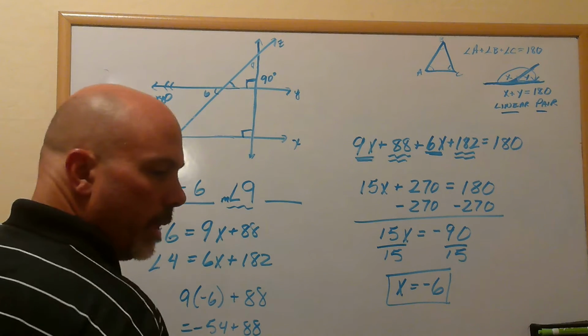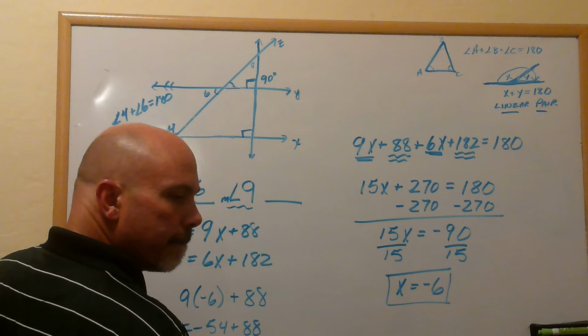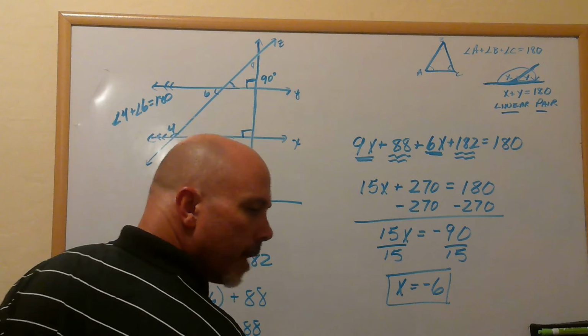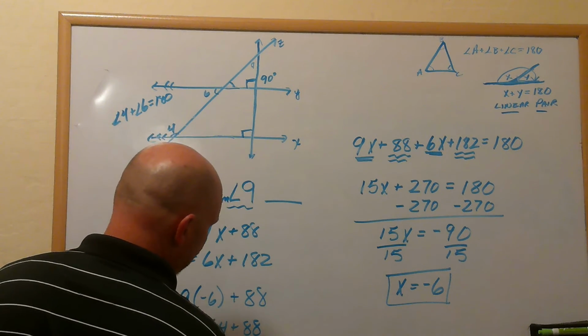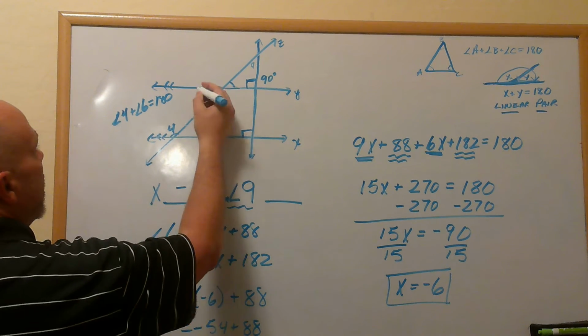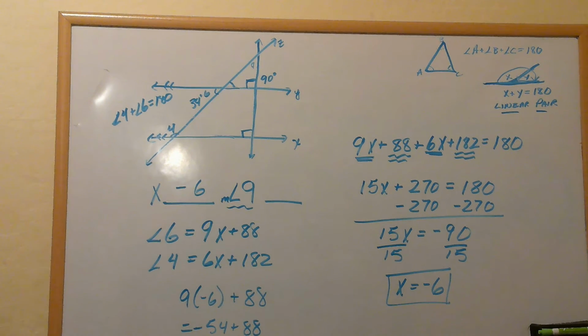That's going to equal 34. So angle 6 then is 34 degrees. Okay?